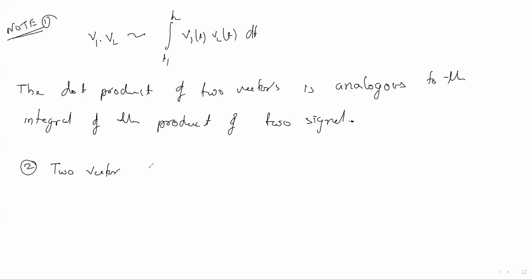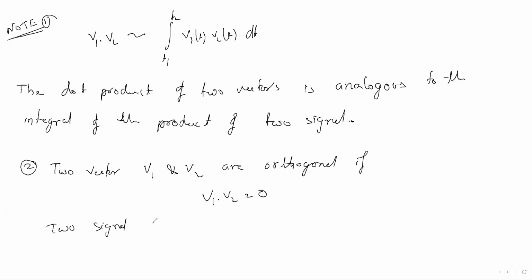Two vectors v1 and v2 are orthogonal if v1 dot v2 equals 0, and for two signals, if the question comes for 2 marks to write the analogy between vector and signal, then you have to write these 2 points.